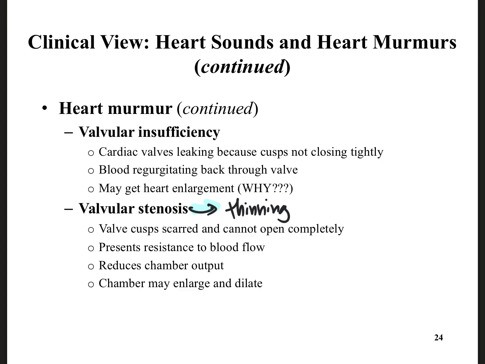Less area for the blood to flow through, less blood goes through, right? We're kind of pinching the vessel and the valve. So that presents resistance to flow. That reduces the chamber output, right? And therefore the chamber may enlarge and dilate to help increase the amount of blood coming in to meet the needs going out.